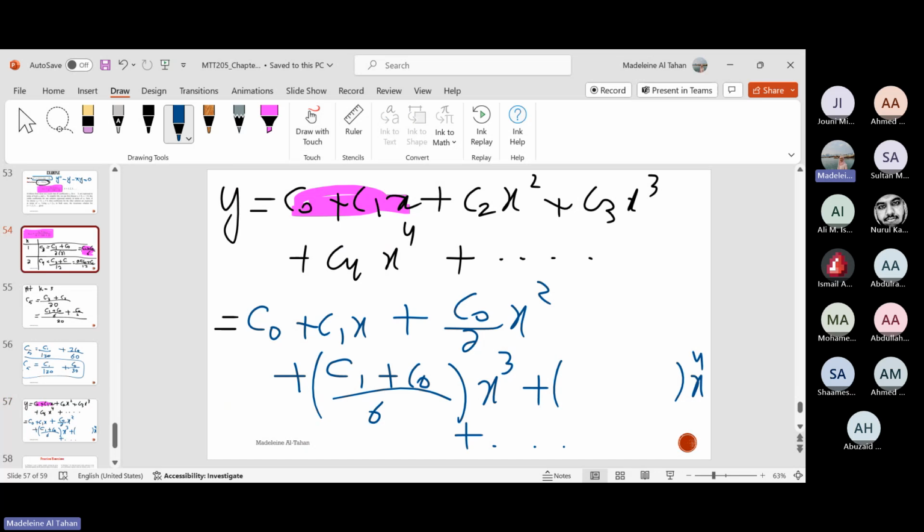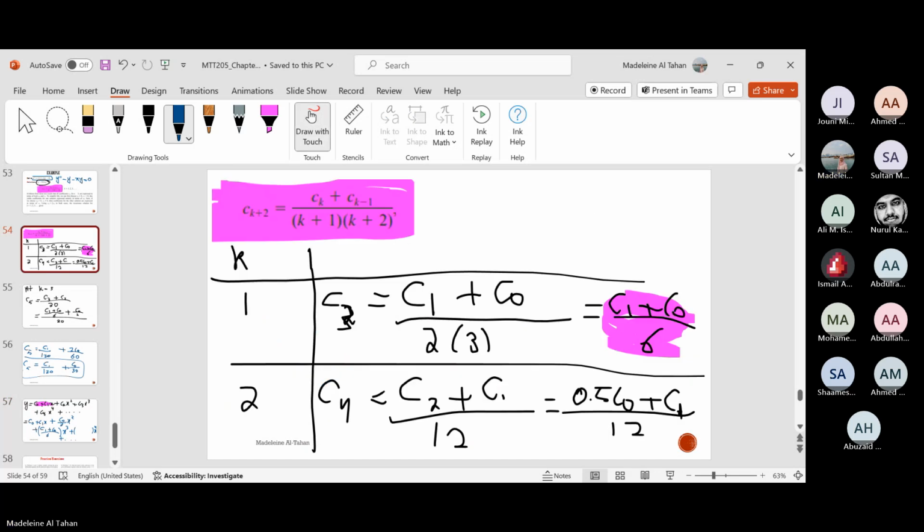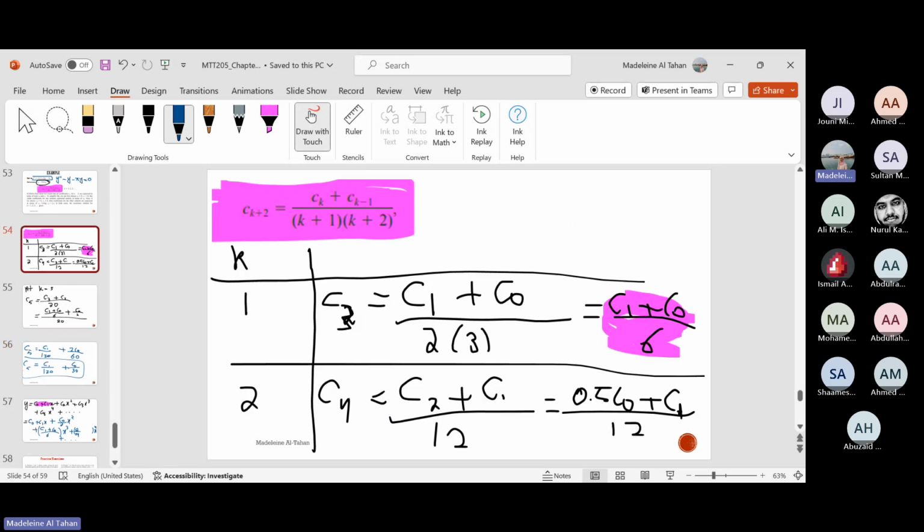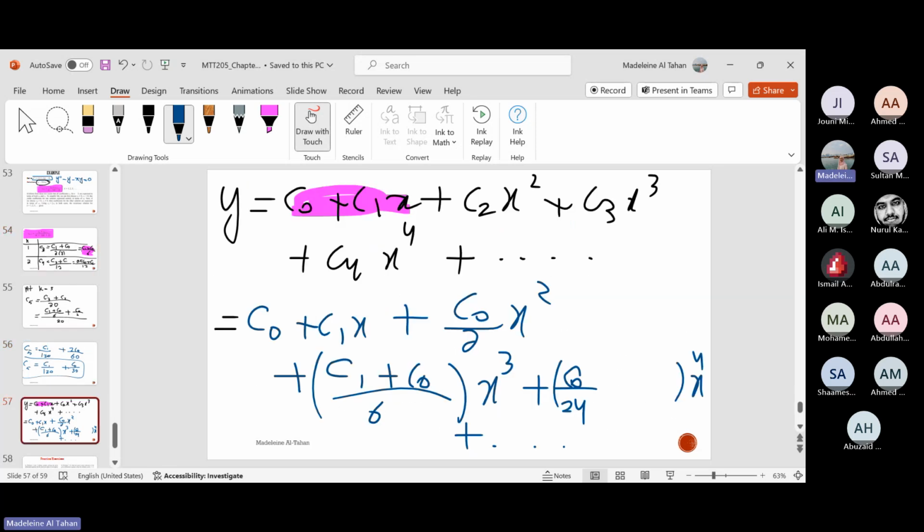At 4, C4, what did we get? C0 over 24 plus C1 over 12, and so on.